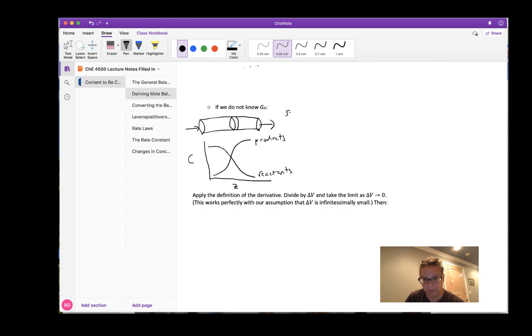So the system is a volume element, and we're going to say it's infinitesimally small. I know that's not the way it's drawn here, but that's what it's meant to be. So it's infinitesimally small.